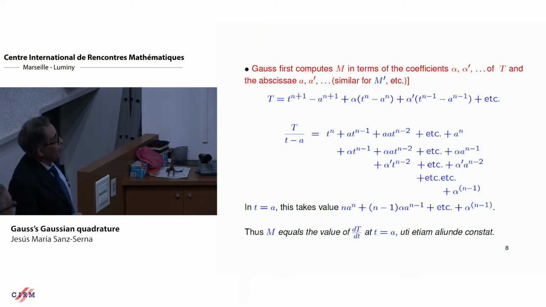And then he evaluates this expression at a, and then he concludes that the factors in the denominator are the values of the derivative of capital T with respect to t evaluated at the abscissas.